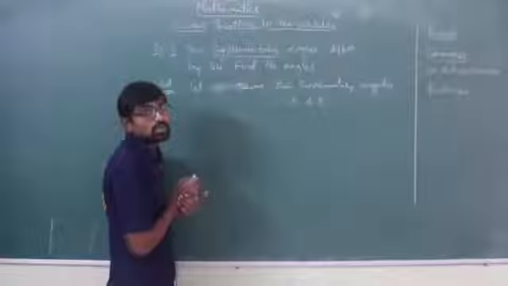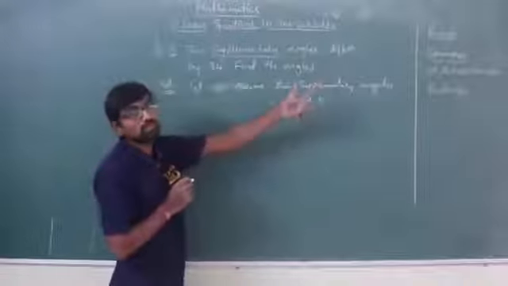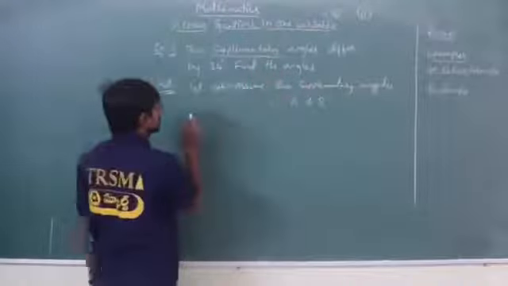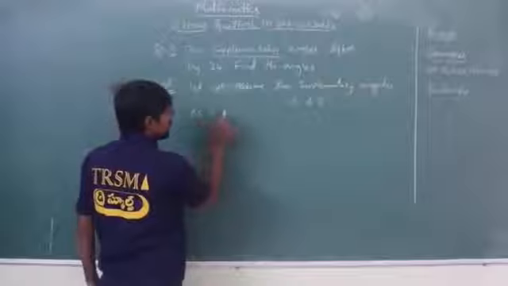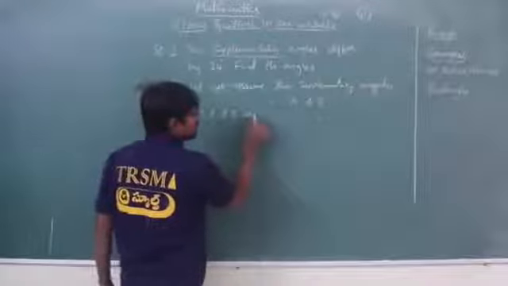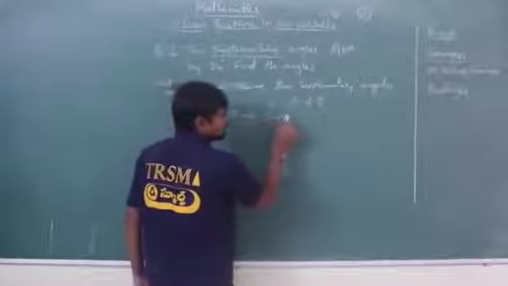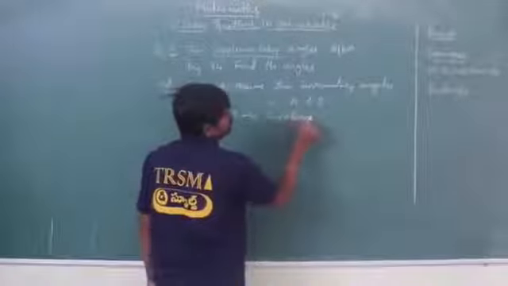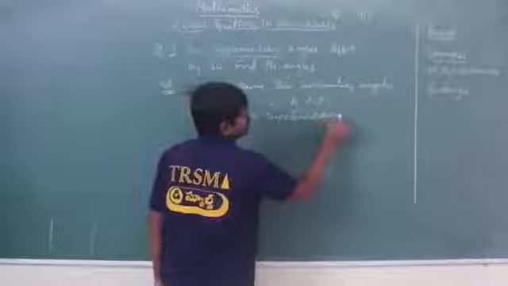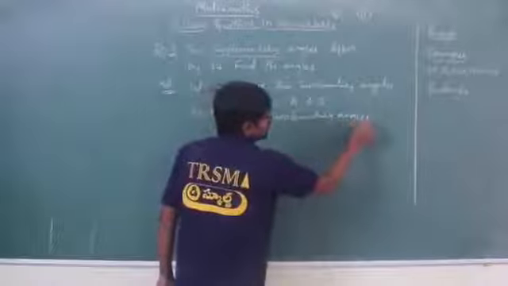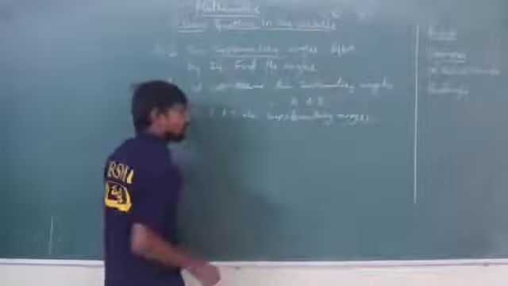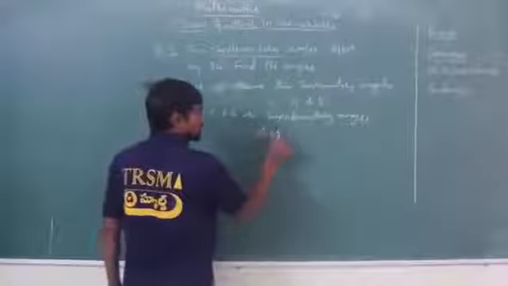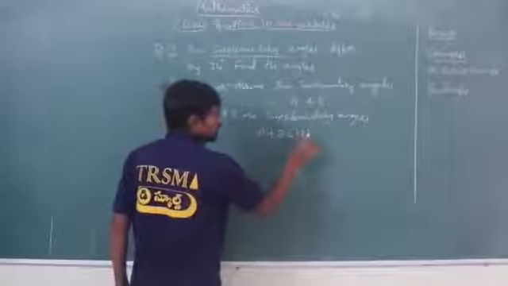Supplementary angles. What is a supplementary angle? Adding both the angles, A and B are supplementary angles, therefore can I write A plus B is equal to 180 degrees.